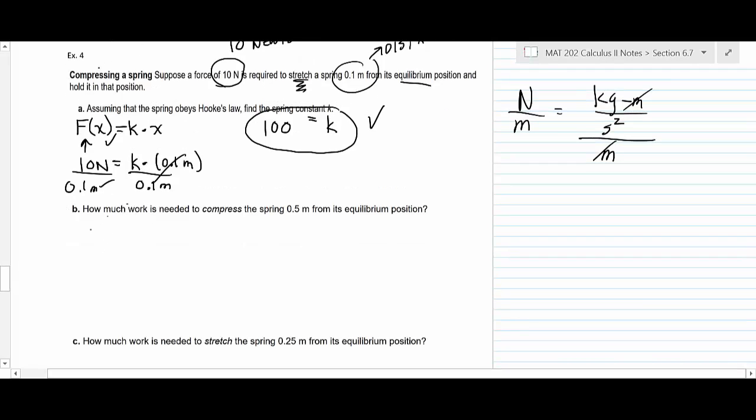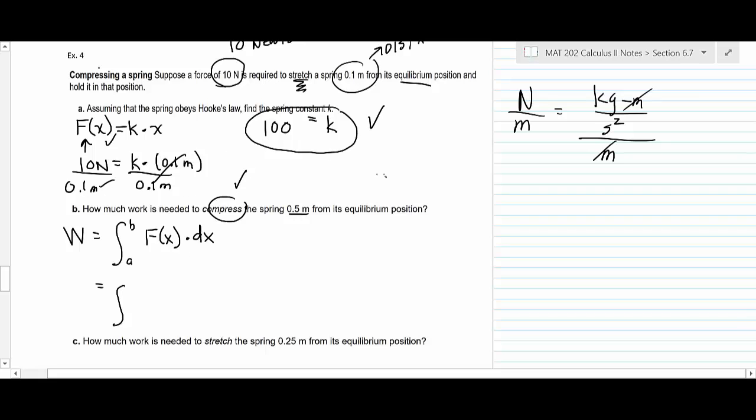Now, the question becomes how much work is it going to take to compress the spring 0.5 meters from its equilibrium position? The general formula for work is we're integrating from a to b of the force, f of x, which we now have, times dx. The part students sometimes struggle with in these integrals is the limits of integration.